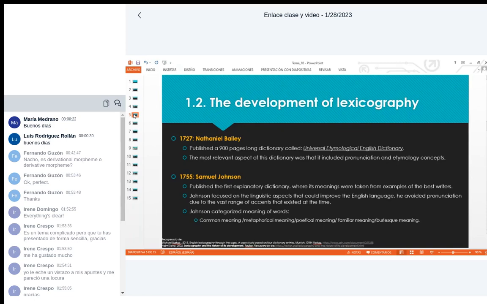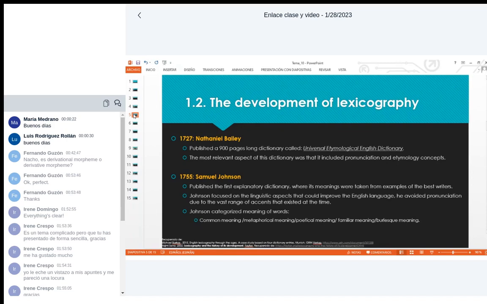It's interesting to understand that English, as every language, has an evolution in pronunciation, and it's interesting to have it recorded in order to analyze how the language evolves.